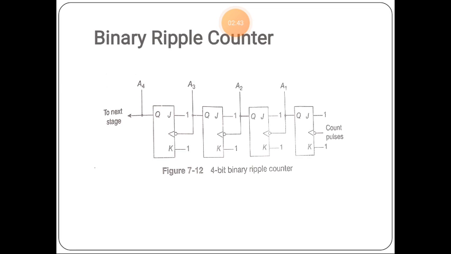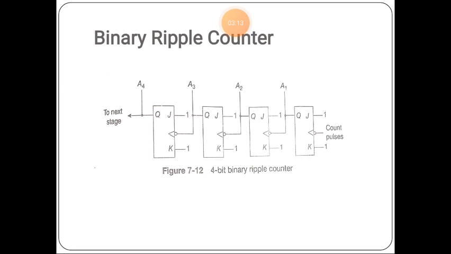One example of a ripple counter is the binary ripple counter. Here it shows a 4-bit binary ripple counter, which consists of 4 flip-flops. We can construct a binary ripple counter using either JK flip-flops or T flip-flops.